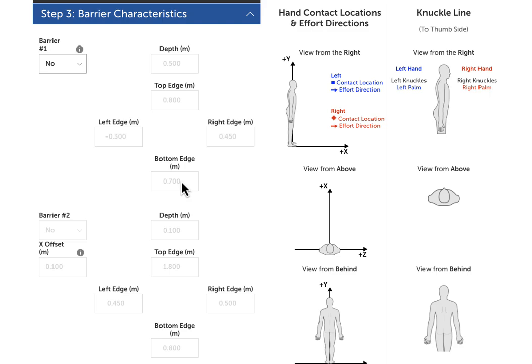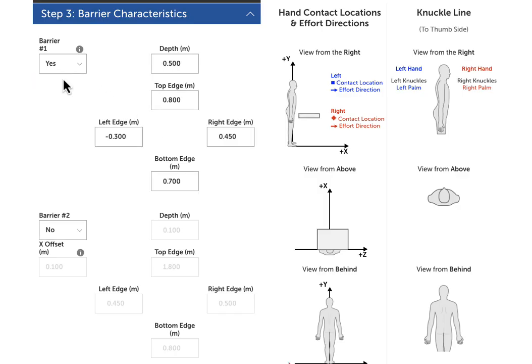Or if the hand has to go under something, you could put an object above that. Again, not necessarily a perfect representation of the physical environment, which could be very complex, but we found even in very complex environments with 1 or 2 strategically placed barriers, we can force the mannequin to avoid postures that would not be possible. And so in this particular example, we're going to have 2 barriers.